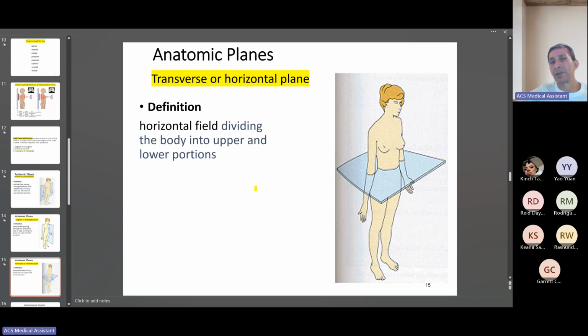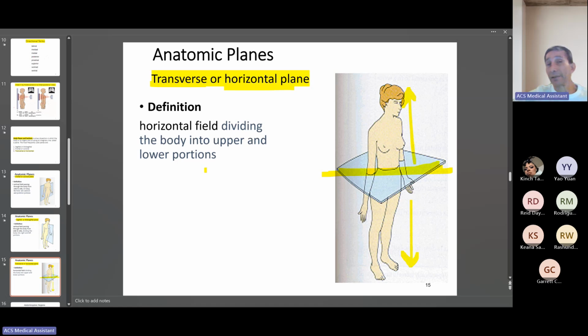Here it is. Very simple. So the body is divided into superior and inferior portions. Simple. But this is called transverse because this is a transversal line. But it's also called horizontal because this is a horizontal line.